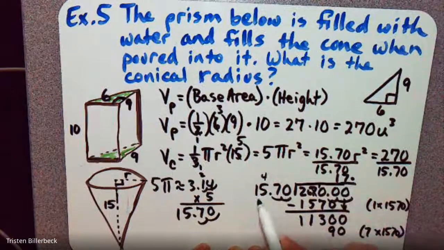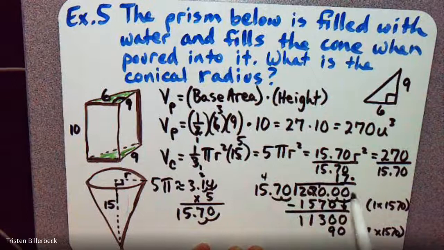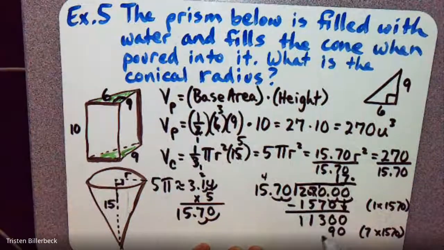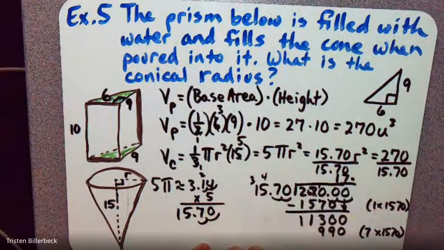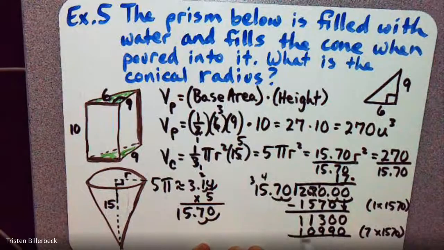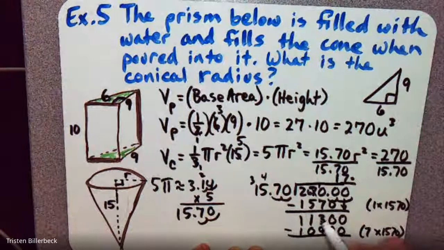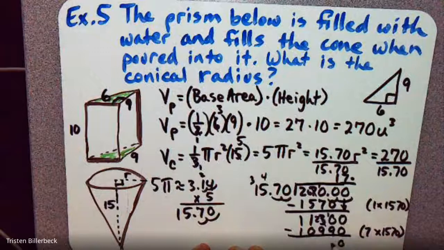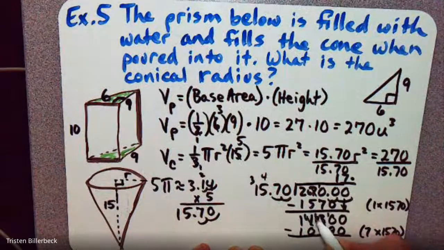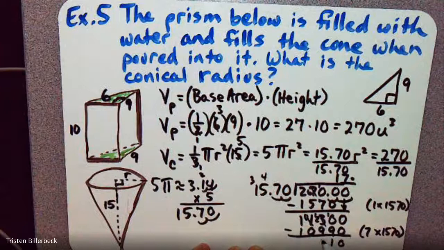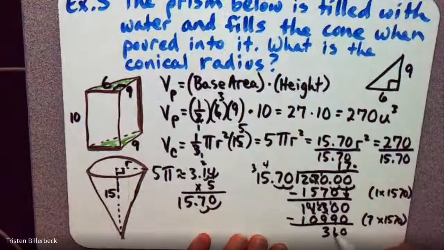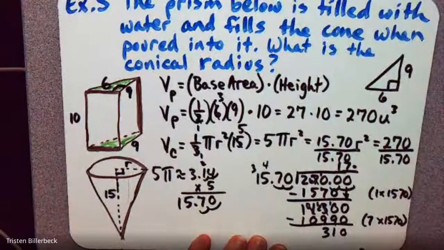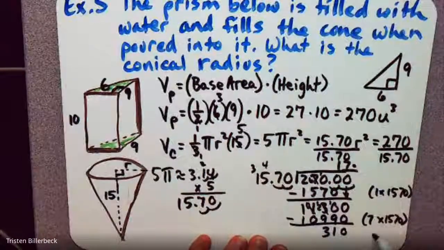And then 7 times 5 is 35 plus 4 is 39. And then 7 times 1 is 7 plus 3 is 10. So when we subtract, we get 0. We borrow, we get 1. We borrow again. We get 3. So we did a good guess. Wow, we got lucky, huh? Well, actually, that wasn't luck. We were strategic. That's what we do.